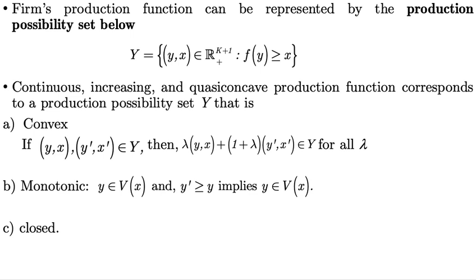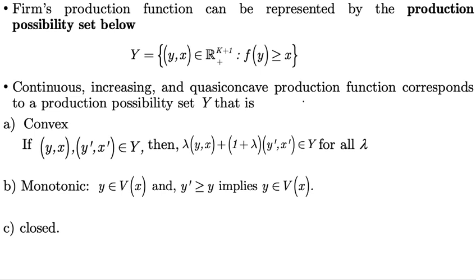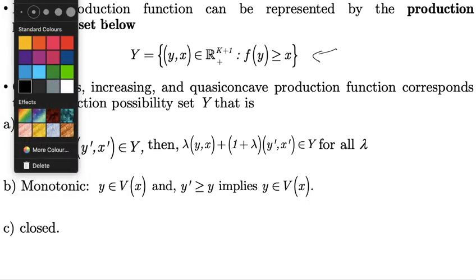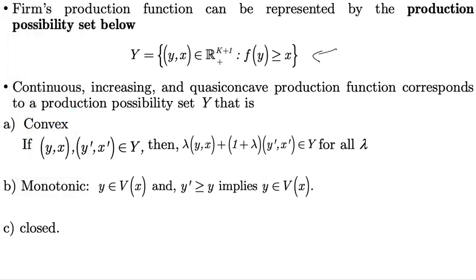The next one is we want to look at the production possibility set below. So now we want to link the firm's production function with the firm's possibility set. And the firm's possibility set can be written as this. Here, capital Y is actually the output.